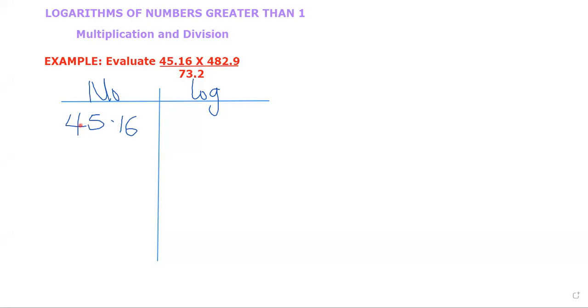How do we go about it? We first put 45.16 in standard form. 45.16 in standard form is 4.516 times 10 raised to power 1.